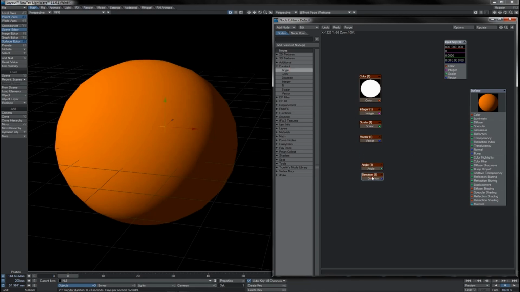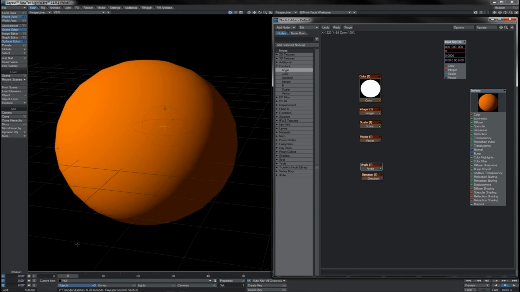Now we'll talk more about directions and vectors in the vectors video, but notice that both of these have their inputs in degrees, which is pretty much what we're used to with angles, right? So if I enter a value for, say, 60 degrees there, and I plug it in, I get 1.04. If I plug it into colour, I'm getting 267, so that's 1.04 times 255. So that's definitely what it is. The question is why? Okay, we are used to dealing in Lightwave with angles in degrees.